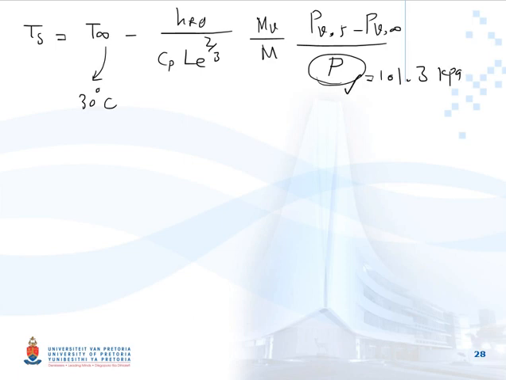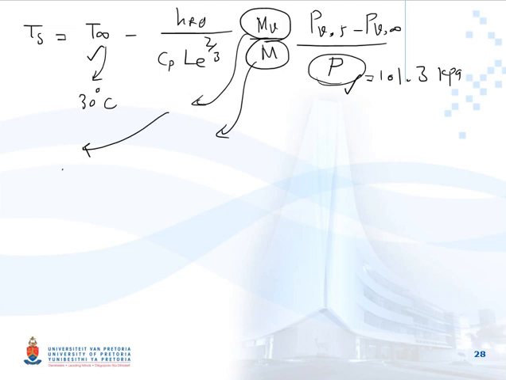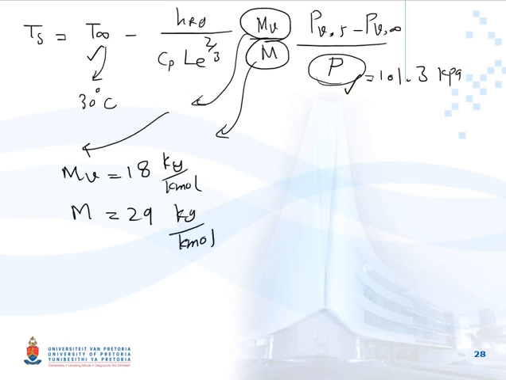How about these two? Yeah, we have them. It's not a big deal, we can just read them from the table, or if you know them: Mv is equal to 18 kilogram per kilomole, and Ma is equal to 29 kilogram per kilomole. So we have these two as well.